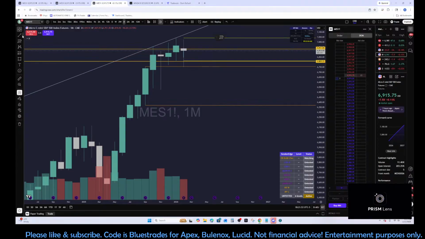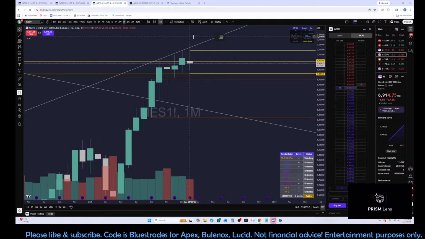You could draw the smaller one here. So there's your broadening formation. What does a broadening formation say? You're going to stay within this broadening formation until you break out of it. But we already knew that. I've said it 3 weeks in a row that we have a pivot machine gun back to the downside if they want to take it.